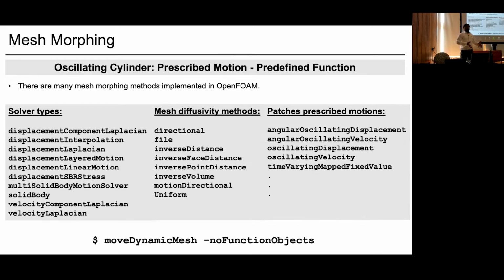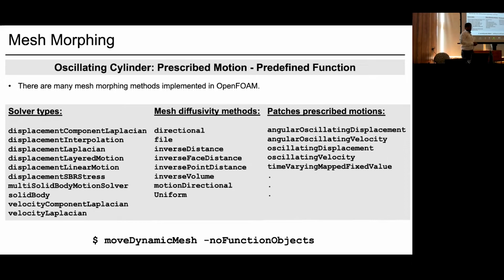Now, once you choose the solver type, you have to choose the diffusivity model, right? In the previous example we chose the inverse distance diffusivity model, but there can be many, like you can see here inverse volume, and many others like exponential, which you have to choose according to your problem and the accuracy of the results that you are obtaining in comparison to some reference results, right?